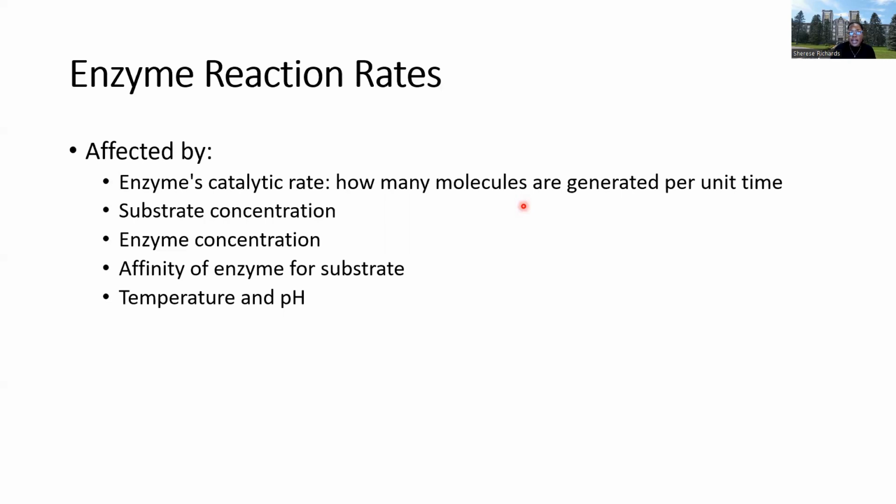We know that enzymes are proteins, and we know that proteins can be denatured if they are exposed to acidic environments, if they're exposed to extreme heat, or even extreme cold in some instances. Some of our body proteins will be deactivated in really extreme temperatures. And so the temperature of the environment, the acidic or basic nature of the environment, will also determine how fast the reaction will proceed.